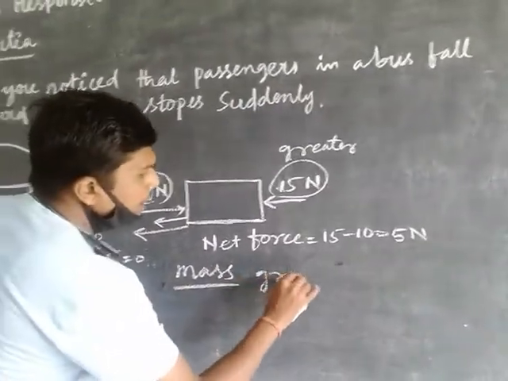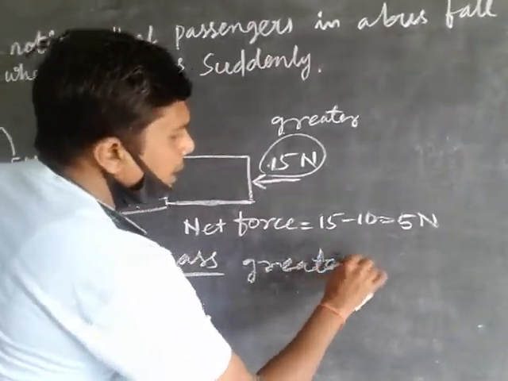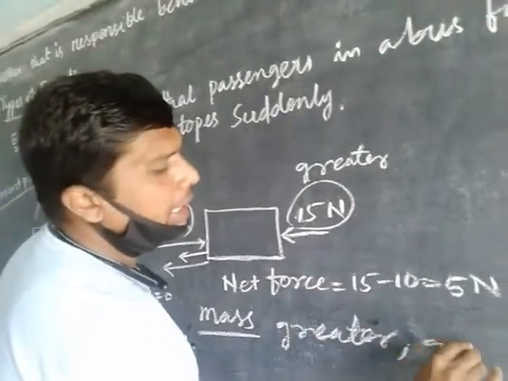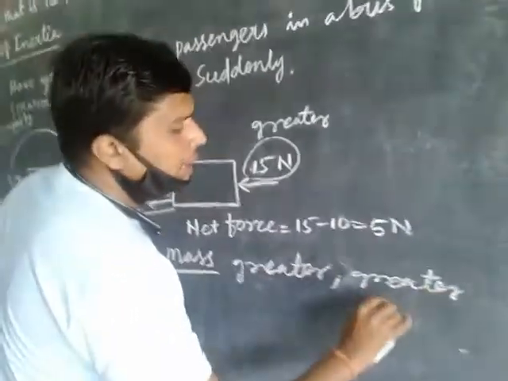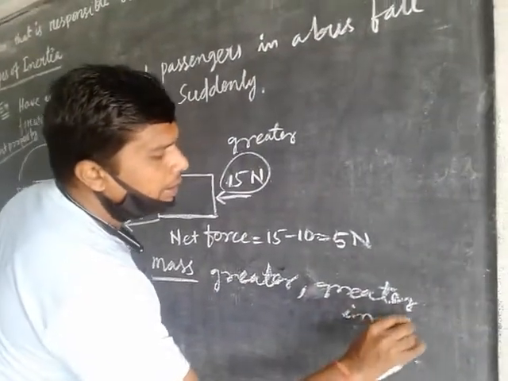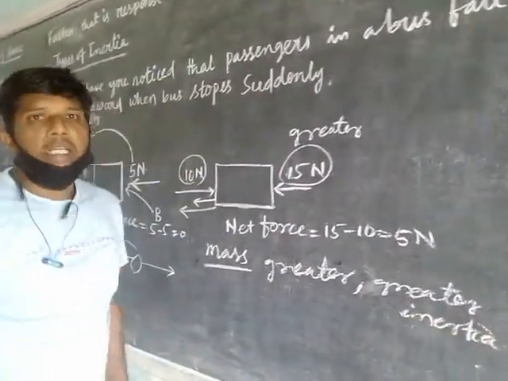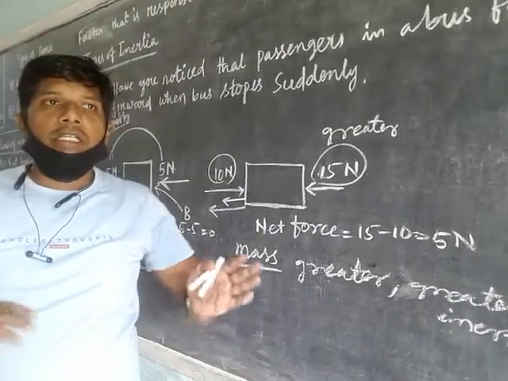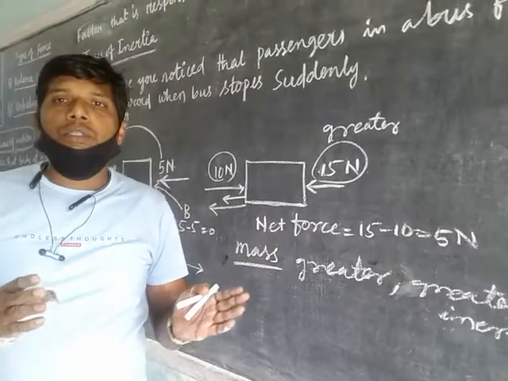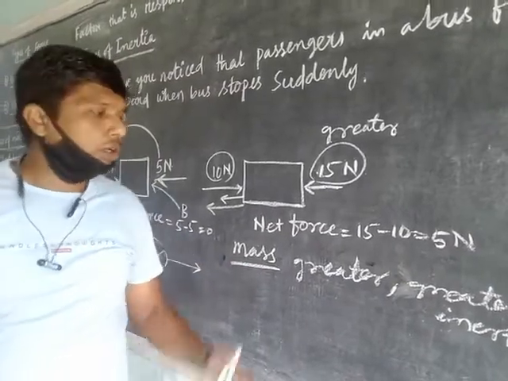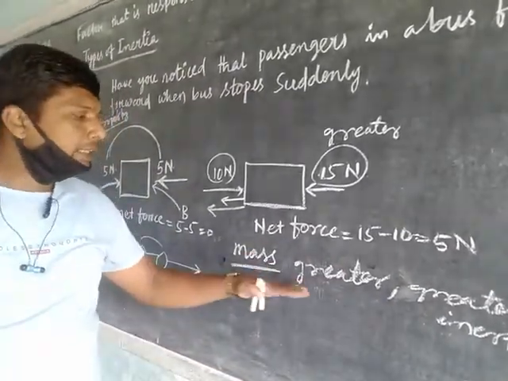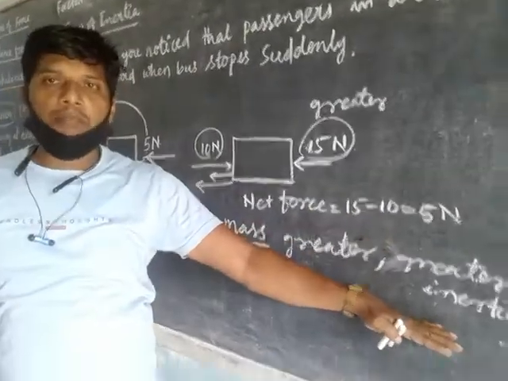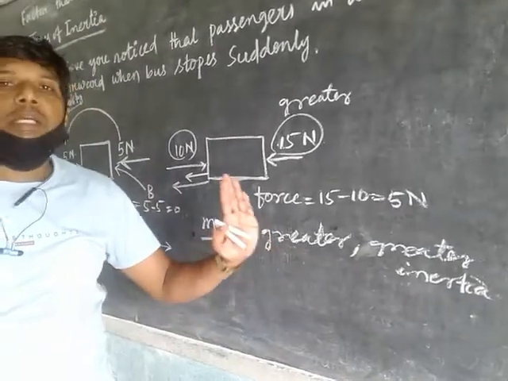Greater the mass, greater the inertia. Therefore, inertia is an inherent property. It is already present at the origin of the body, and it depends upon mass. Greater the mass, greater the inertia. This is known as inertia.